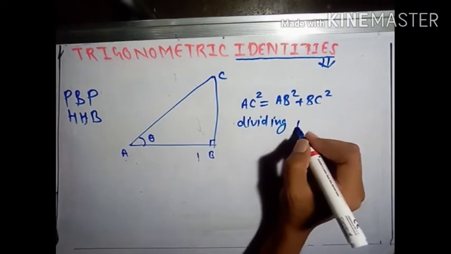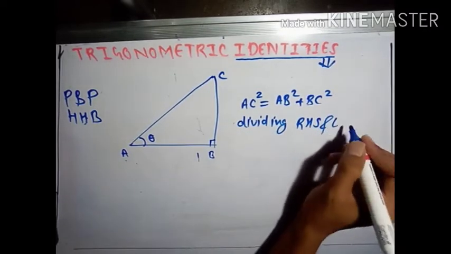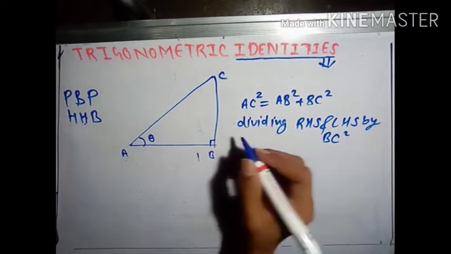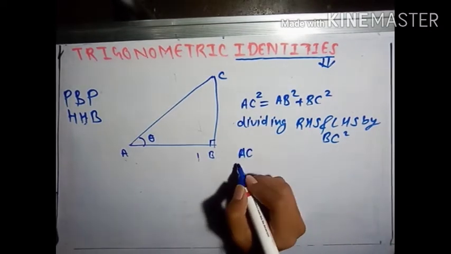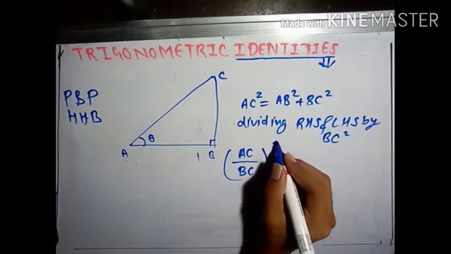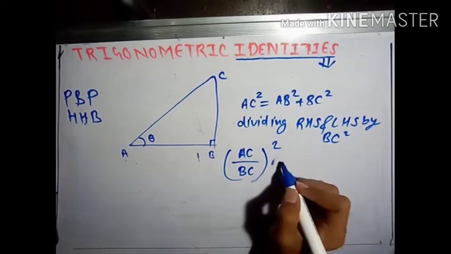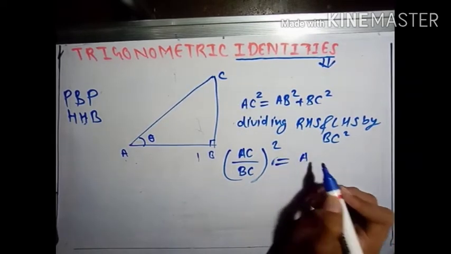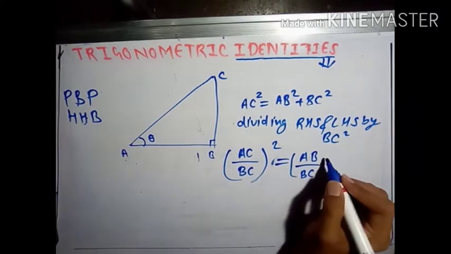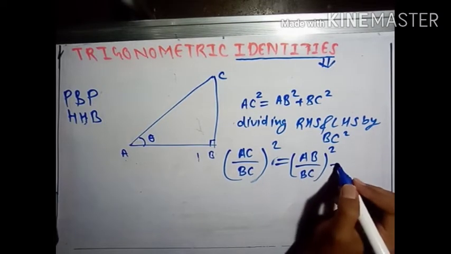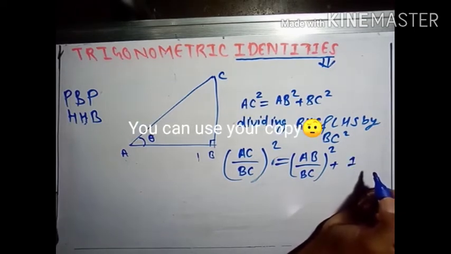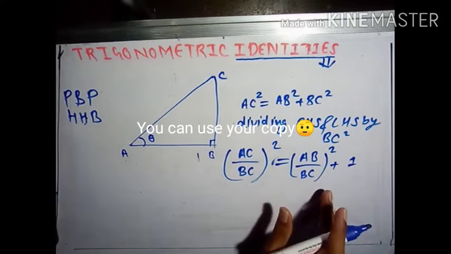Dividing RHS and LHS by BC square: AC upon BC whole square equals AB square upon BC square, plus BC square upon BC square, and BC square and BC square being divided become 1.